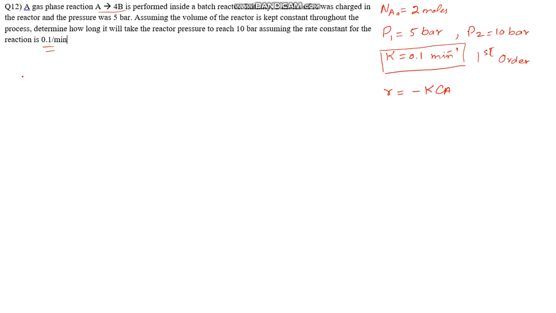So let's start from the general equation for the batch reactor, that is dNA by dt is equal to R multiplied by V. What is R? That is minus K Ca. And we know that Ca concentration is equal to moles over volume.